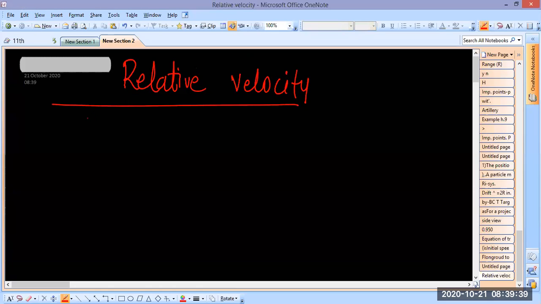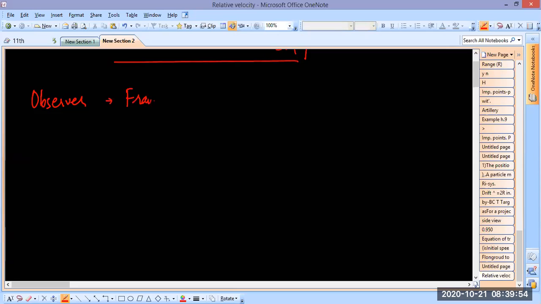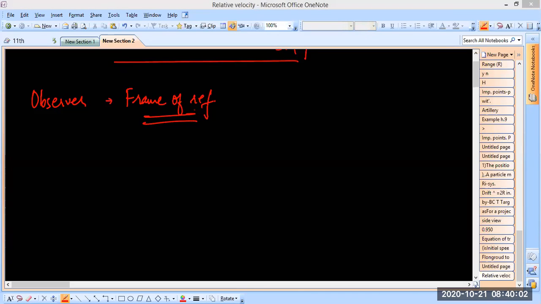So what is relative velocity? Before we can get started with this, I would like to remind all of you that the observer has some frame of reference. I hope you remember that the observer might be sitting in a vehicle, the observer might be on a train or something else. So the observer would have a frame of reference, right?